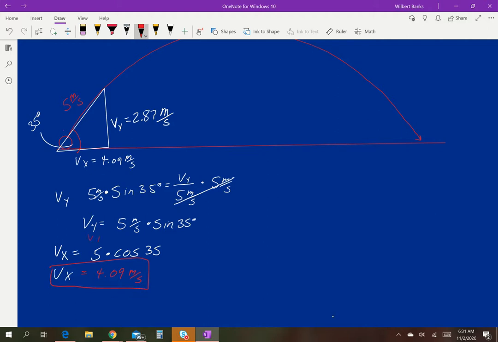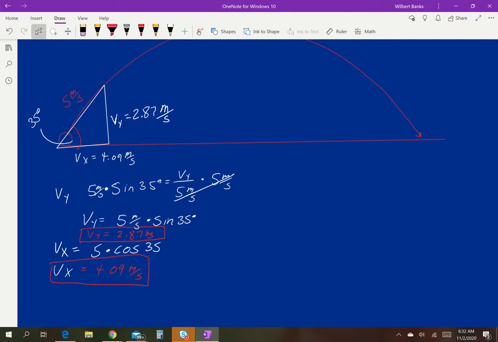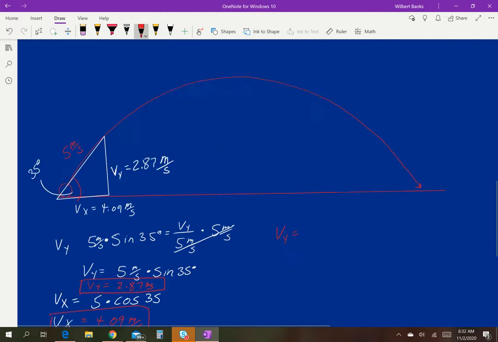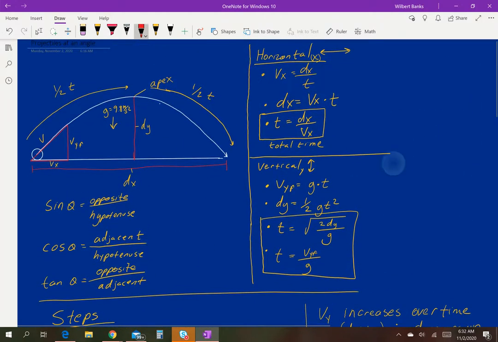Let me set the Vy equal to 2.87 meters per second. All right, so now I have those two guys. I can now figure out my time, and I can do it a couple of different ways, but let's do it by using the equation we used earlier, going back to my vertical Vy equations.